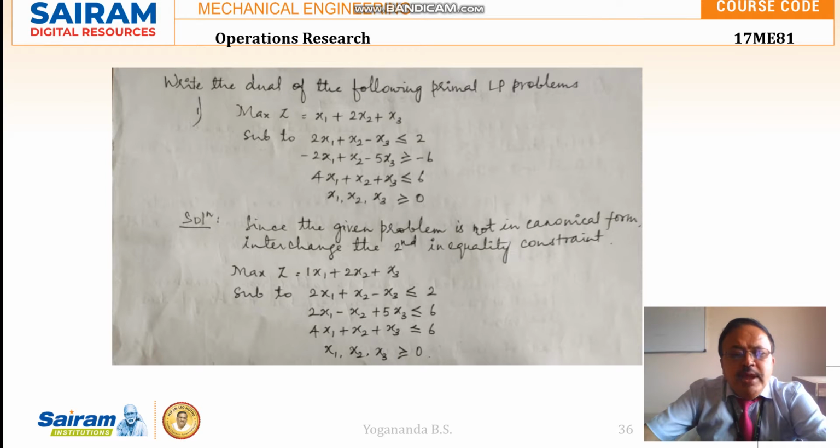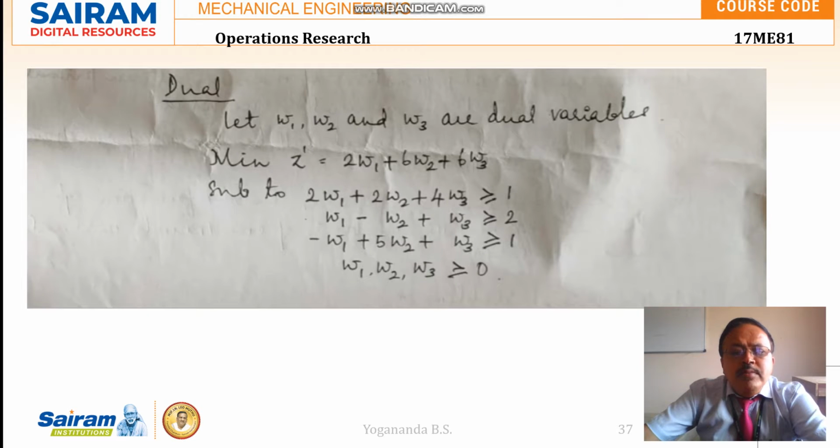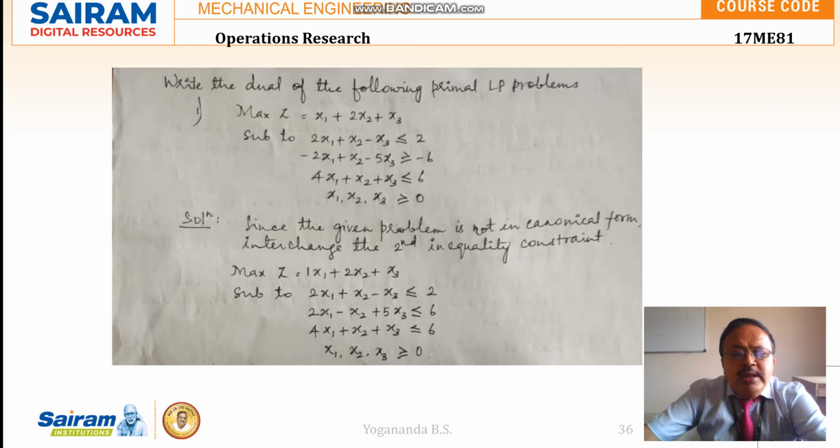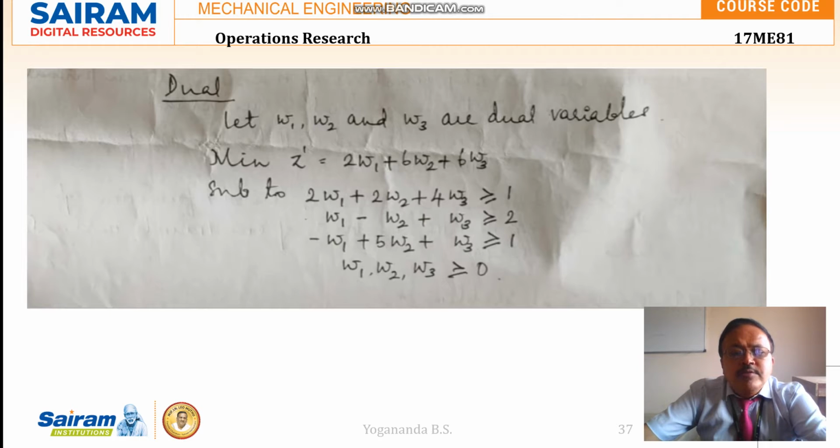Then we have 1 minus 1 plus 1 in the second constraint, and then we have -1, 5 and plus 1: -1 plus 5 plus 1 greater than or equal to 1. So this is the dual problem of the given primal problem.